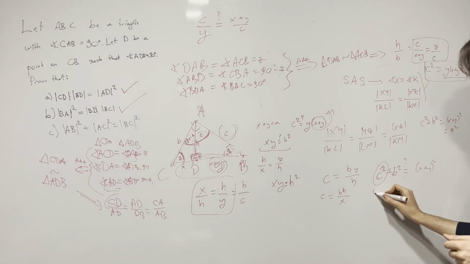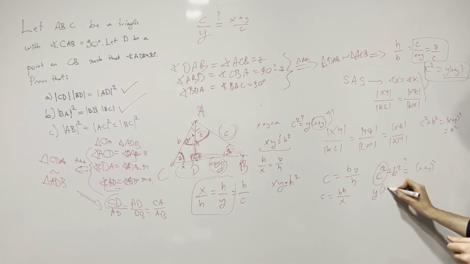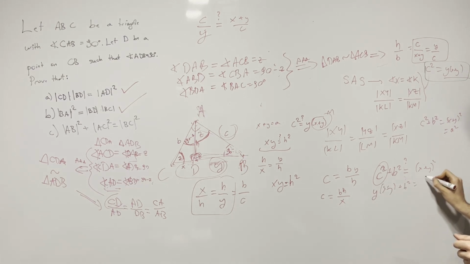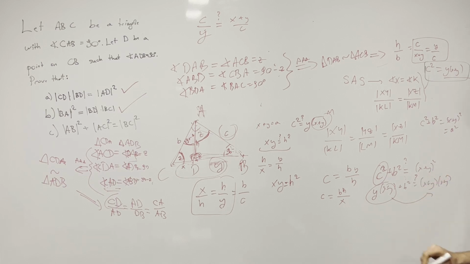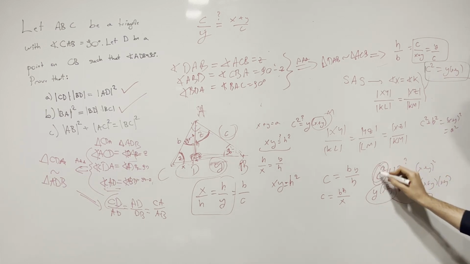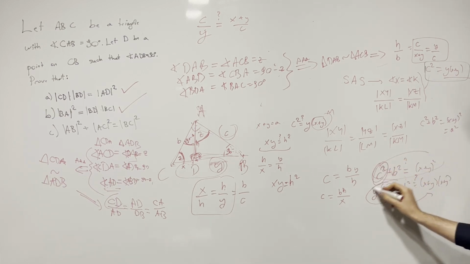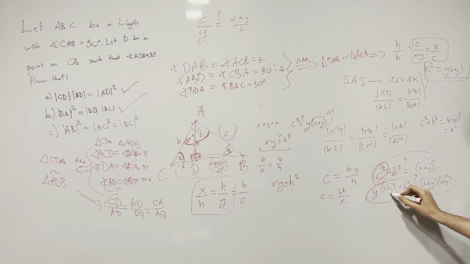I'll have, this is Y times X plus Y plus B squared is, what is X plus Y squared? It's X plus Y times X plus Y. So if I move this here, this is what I need to prove, right? This whole thing is true if and only if this whole thing is true.